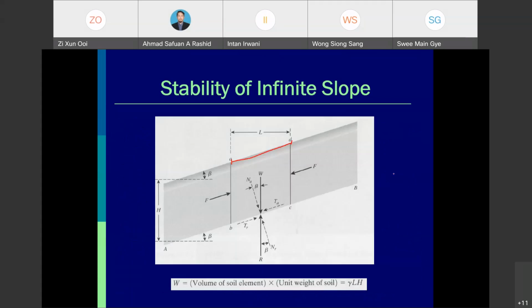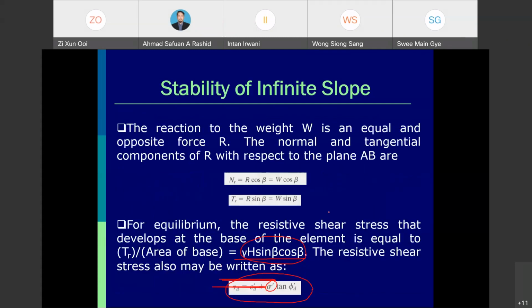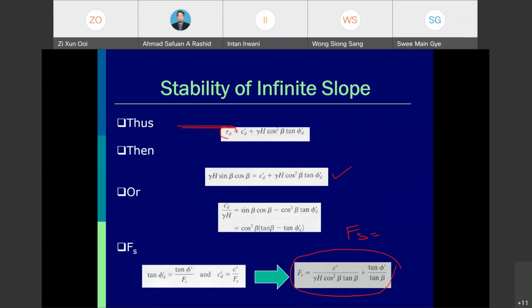For this situation, there is no seepage or groundwater inside the soil, or the groundwater is far from this slope plane, the failure plane. So this is how they derive an equation to determine the factor of safety for an infinite slope where no seepage occurs.